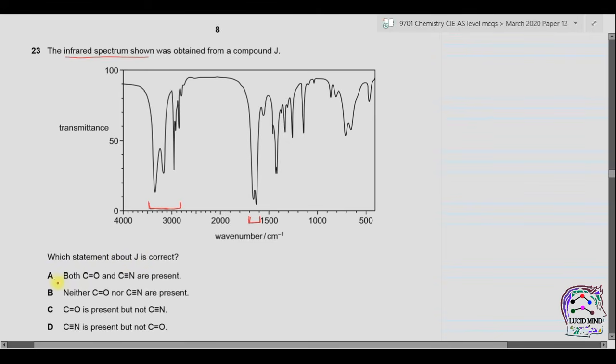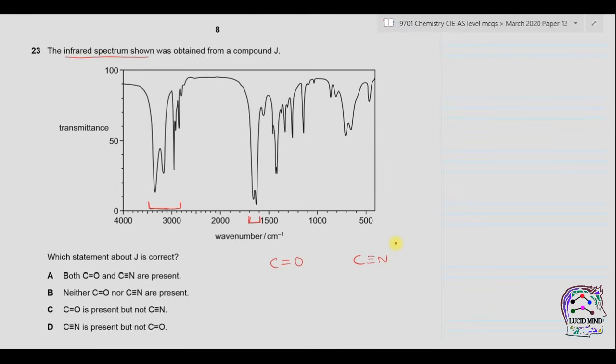Now we can see that in all 4 parts A, B, C and D, only 2 different functional groups are given. One is carbonyl and the second is carbon triple bonded with nitrogen. So let's see what their values are in the data booklet.